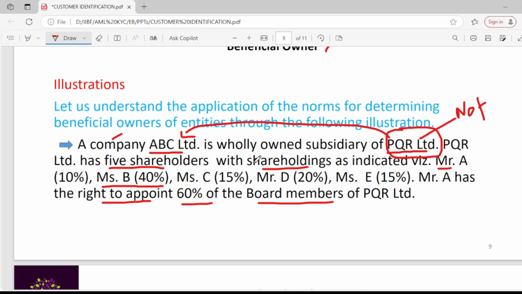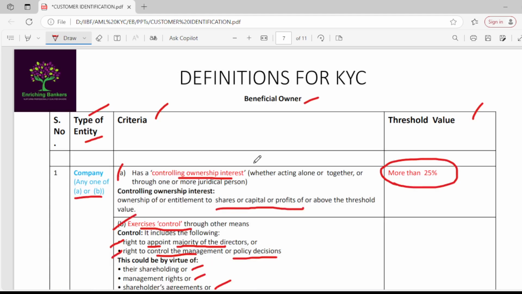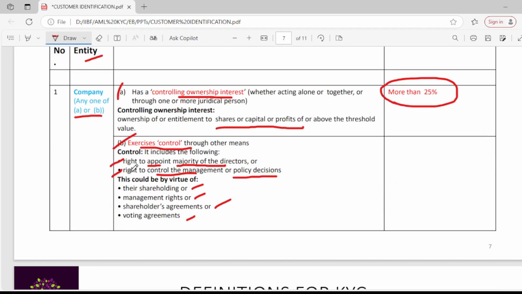Next, let us see who qualifies the second condition, the second criteria. So what is the second criteria? Any natural person who exercises control through a right to appoint a majority of the directors or a right to control the management or policy decisions.